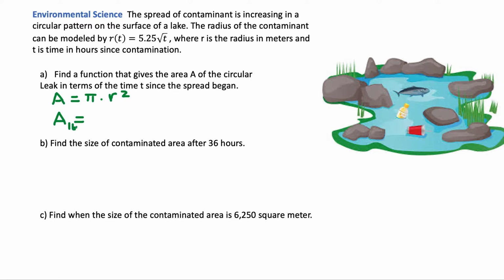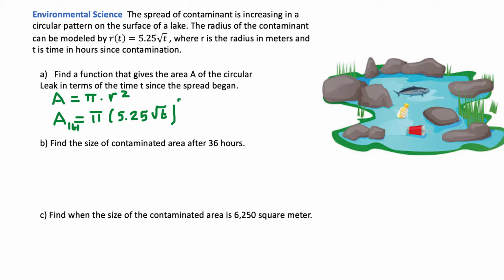We can write it in this form: pi, and instead of the r square, everything here we are squaring, which is 5.25 and the square root of t, everything in the square.